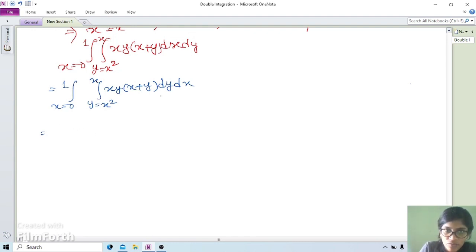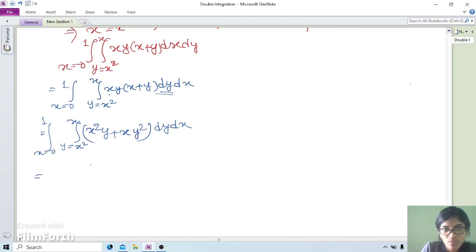Here with respect to y, that means x is constant. Simplifying, x square y plus x y square into dy dx. Integration y equal to x square to x, x equal to 0 to 1, which equals taking x square constant, into the integration of y, which is y square by 2.